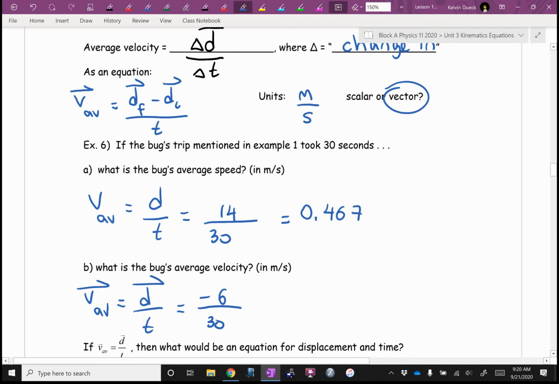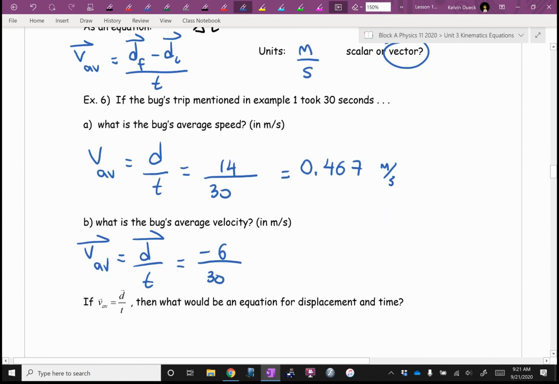Units. Well, I know it's meters per second because I've memorized that, but can you see it's kind of hidden in the equation? Distance is meters, time is seconds. Of course, it's meters per second. That number is what most people think of as velocity as well. No, it's its speed.